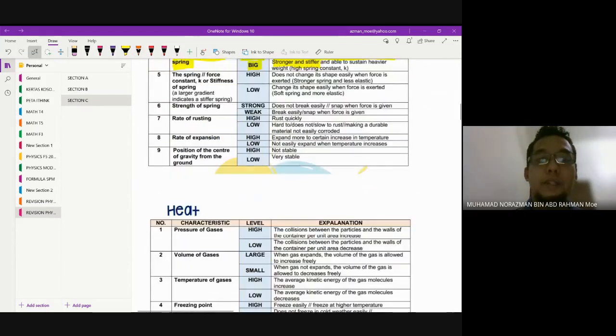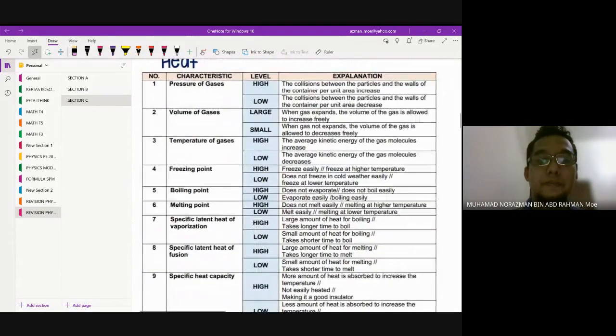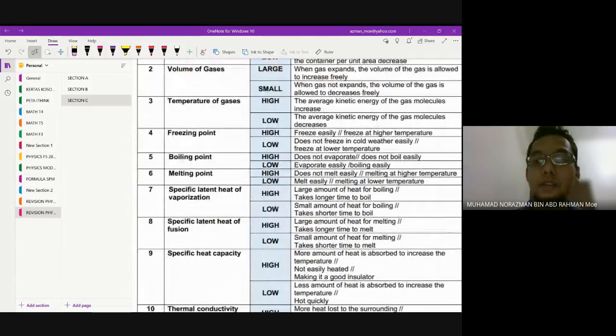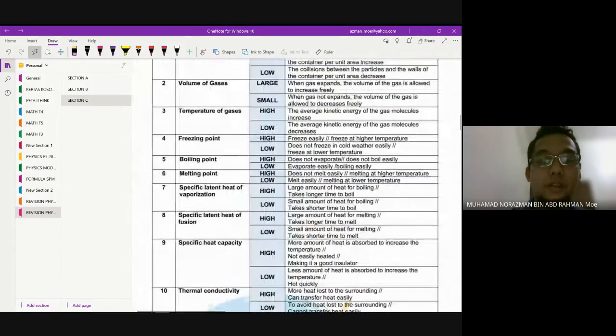Okay, another example is heat. Okay, see. So melting point, for example, why we choose high melting point? Okay, so the reason is it melts at higher temperature, or needs higher temperature to melt.